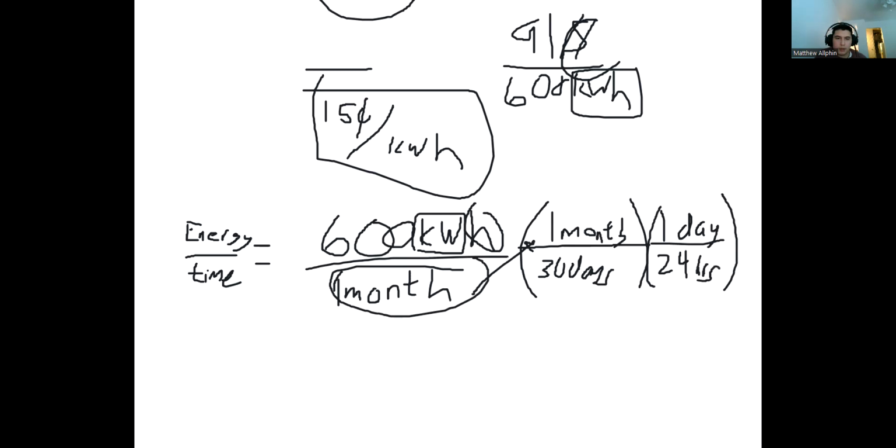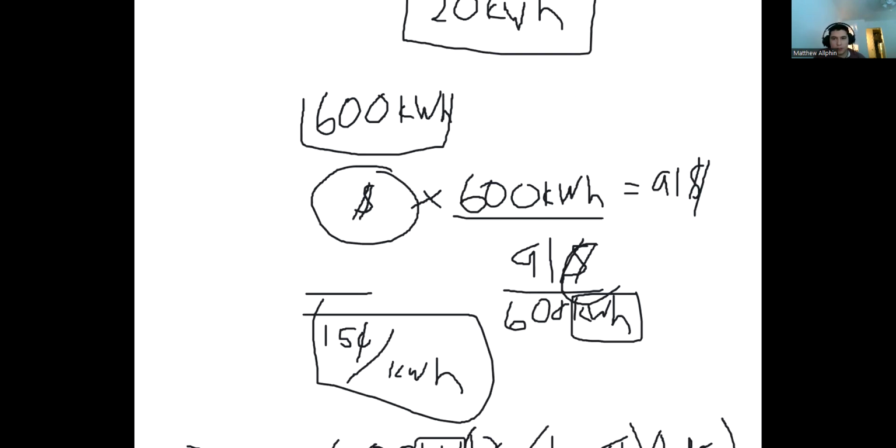Then I see that these days will cancel with these days, this month cancels with this month, and this hour finally cancels with that hour. Then I just run this through my calculator, 600 divided by 30, divided by 24. And that will give me my answer in watts. I won't run through that calculation, because we're going to move on to some other things.